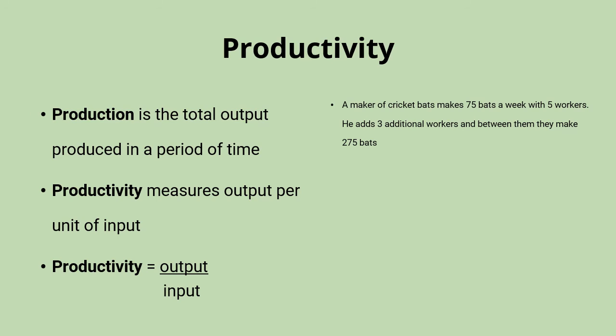Well, the production is just the total output in that time: 75 bats before and 275 bats after. But the productivity before the change is 75 bats divided by 5 workers, which is 15 bats per worker, whereas the productivity after the change is 275 bats divided by the now 8 workers, which gives you almost 34.5 bats per worker.